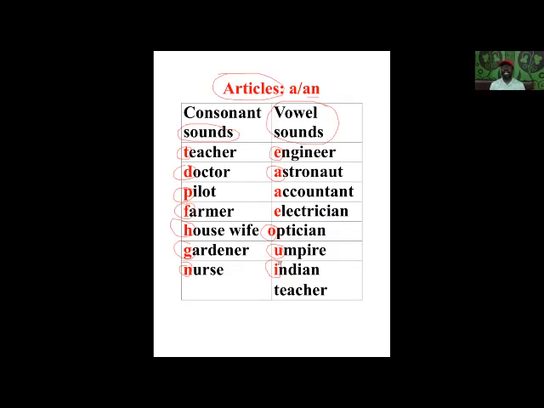We have a word like teachers. Teachers are many. We cannot say a teachers. A and an are used for singular nouns. Singular means one. We can say one teacher, a teacher. If there are many, don't put the article.